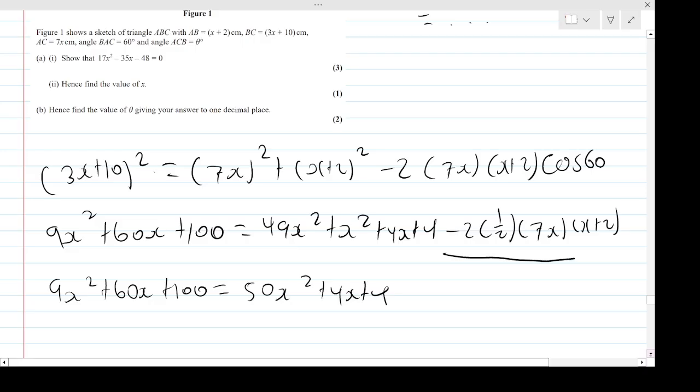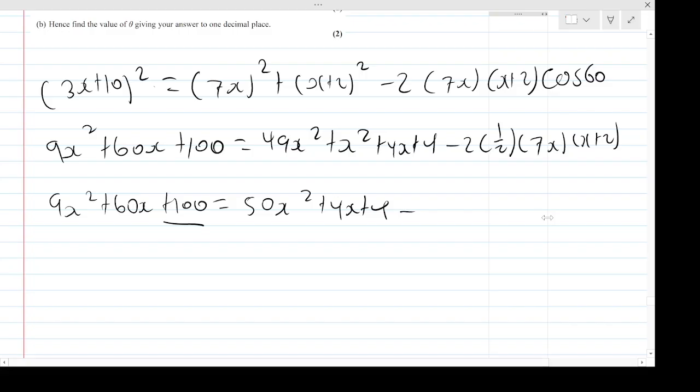Then 2 times a half is just 1, so take away 7x times (x + 2). Minus 7x times x is minus 7x squared, then minus 7x times 2 is minus 14x.